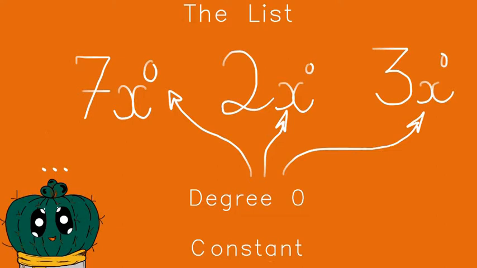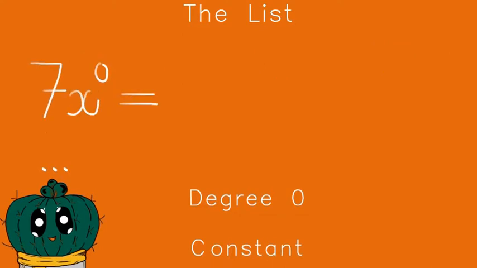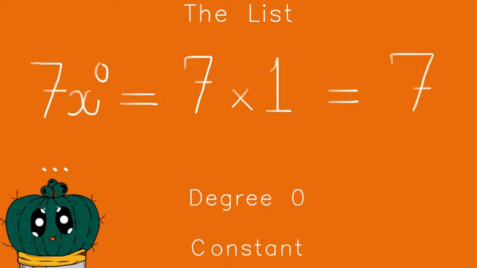Whenever something is raised to the power 0, it just becomes 1. Okay, the answer is equal to 1. So, for example, we take the 7x raised to the power 0 case. Now, 7x to the power 0 is just equal to saying, what is 7 times 1? Any number times 1 is just equal to that same number, in this case 7.